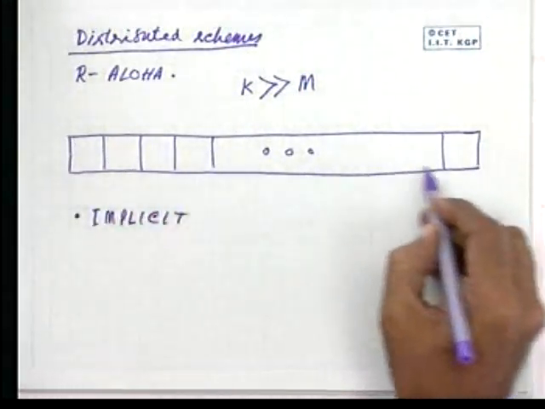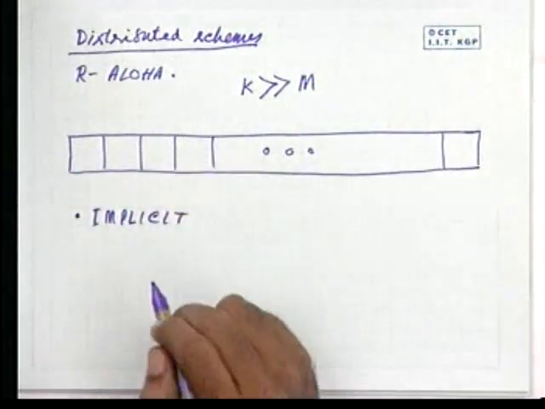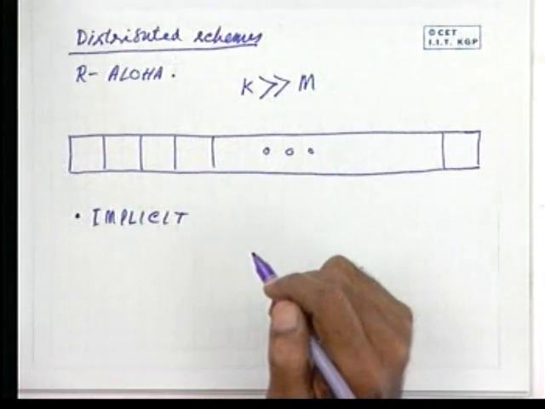All the stations are receiving the signals present in each of these slots. At a particular instant, if a station finds that a particular slot is empty, no data has been sent by any station, it tries to reserve that slot by sending data in it.